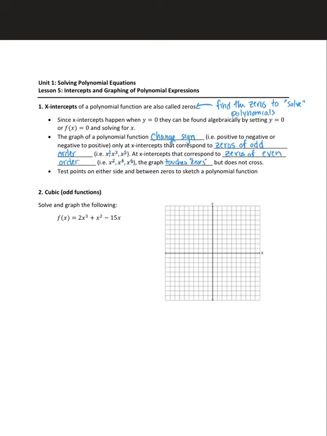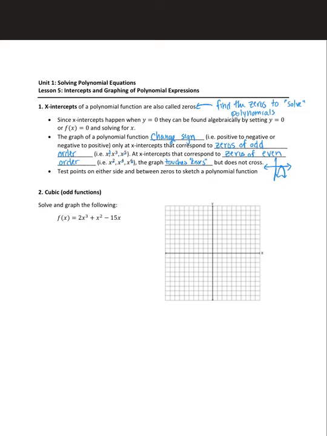So think about a parabola. If I just draw a sketch of a parabola here, at that zero, it touches the x-axis, but it doesn't cross it.